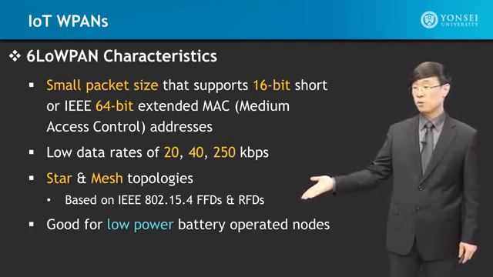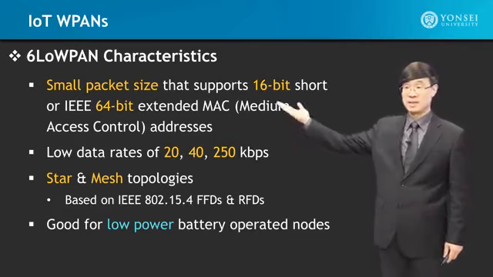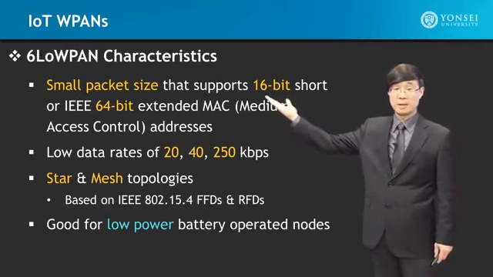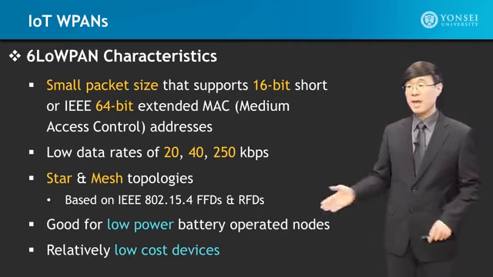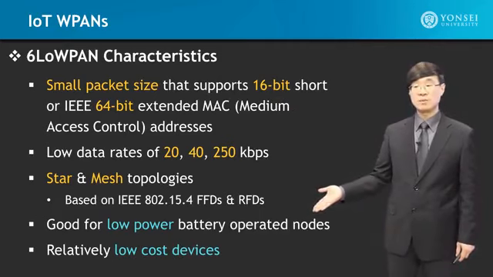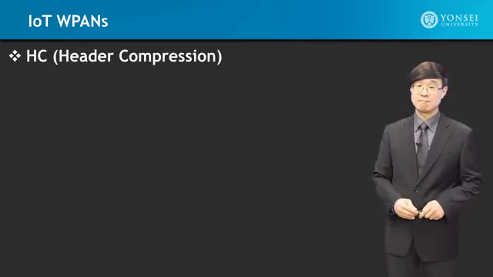In addition, good for low power battery operated nodes. And this low power is in its name, 6LoWPAN. The low stands for low power. And these devices are relatively low cost, which is very attractive in their deployment and product purchasing.